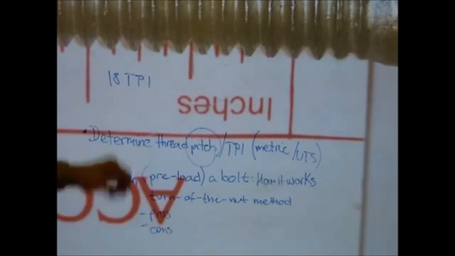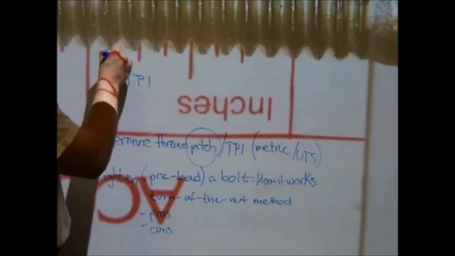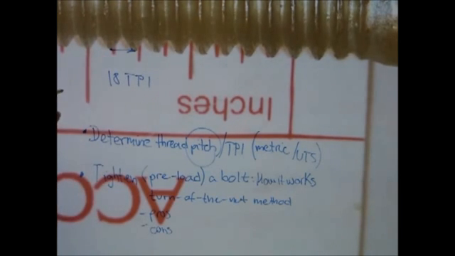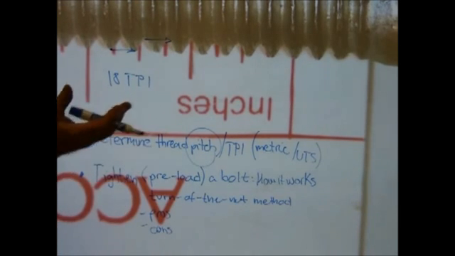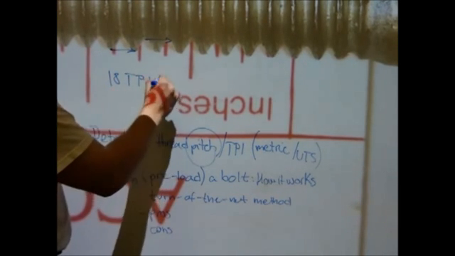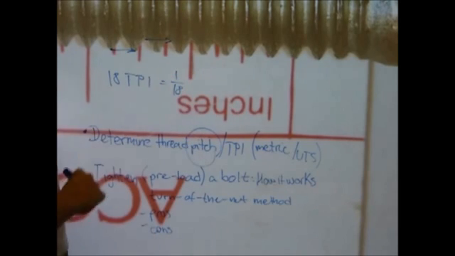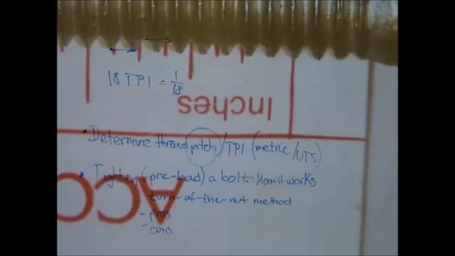So if you counted the number of turns over an inch on this one, you would come up with a number, say 8 TPI or whatever it is on the big anchor bolt. On this one, it is 18 threads per inch, and that also means that the pitch from one crest to another crest, or from one root to another root, same thing, is exactly 1/18 of an inch. It's a fraction, don't worry about it.